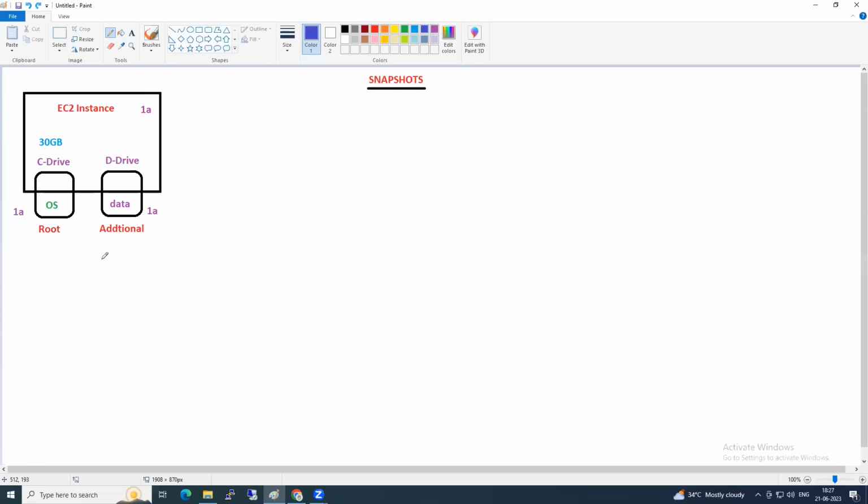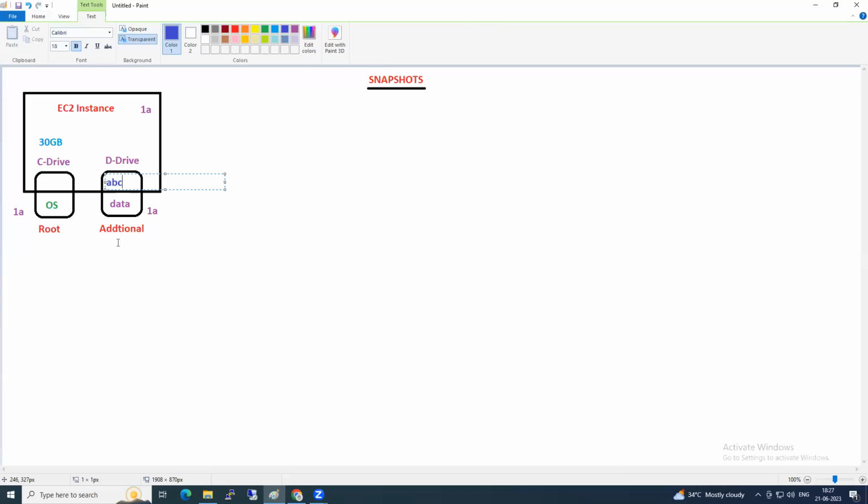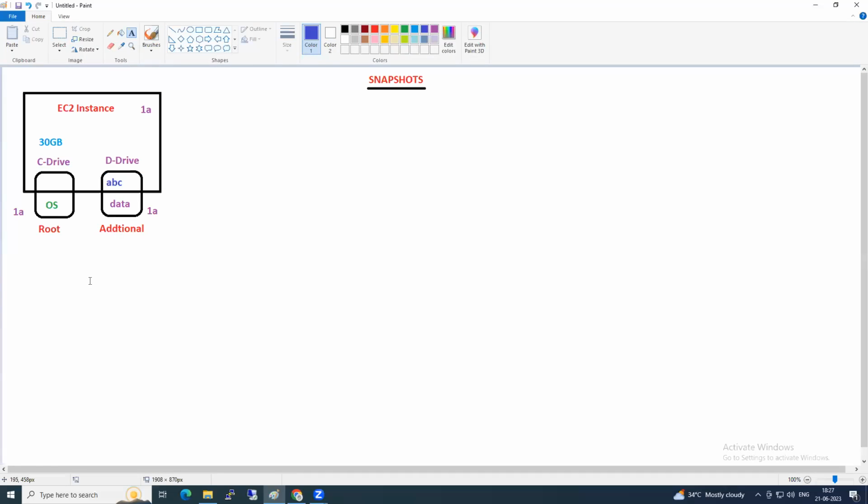So now assume this contains data called ABC. Now I want to take the backup. You might ask, sir, you log into the EC2 instance, go to the D drive, where there is a folder called ABC, and copy it and paste it in another D drive.